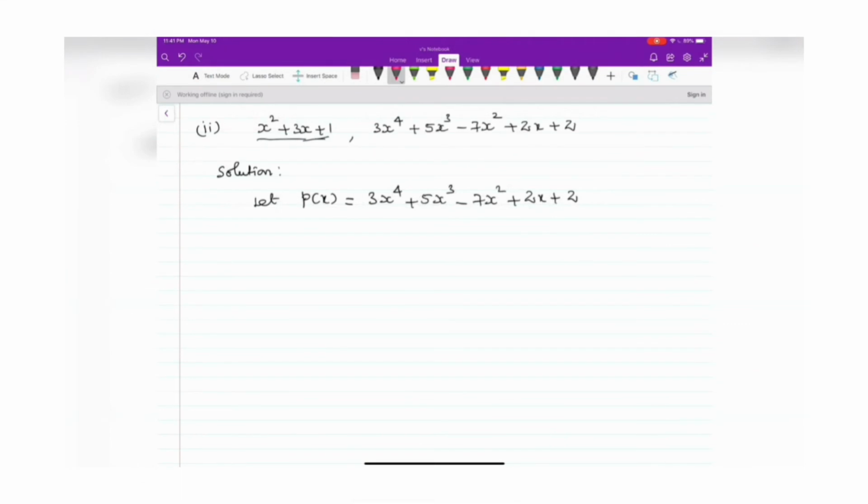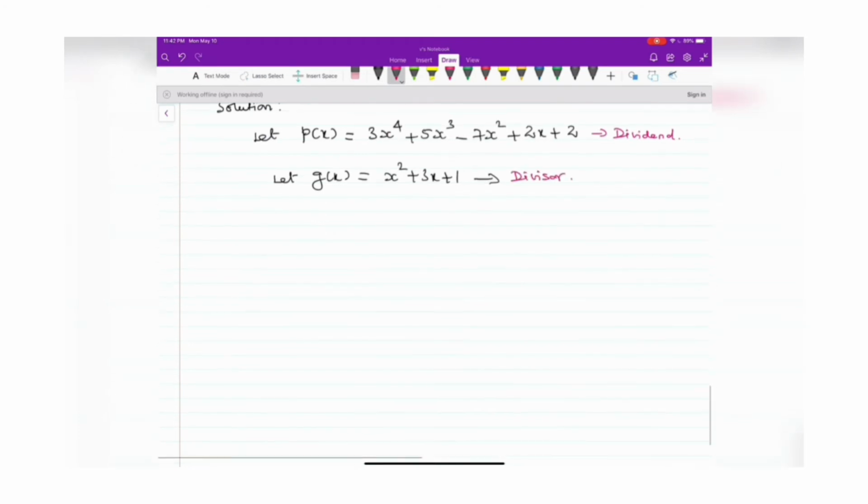You know that this is the dividend. Let g of x is equal to x square plus 3x plus 1. This divisor is also in standard form because it is in descending power of x. This is nothing but the divisor. Now let us divide and see what happens to the remainder.